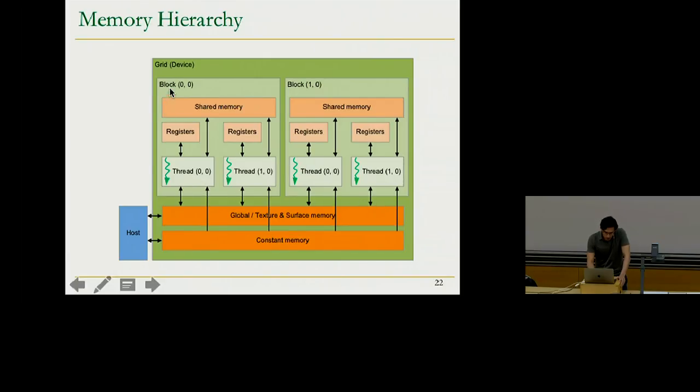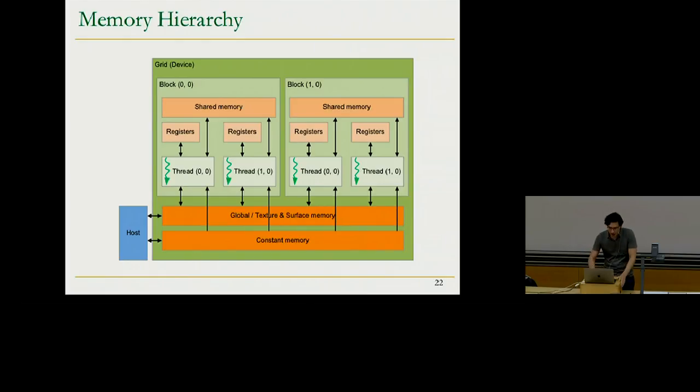But also observe that those threads, like these two, (0, 0) and (1, 0), that belong to the same block, have access to the same shared memory. So in each of the streaming multiprocessors, we have one on-chip memory that is really fast, much faster than the global memory, where the threads running on this core can store intermediate results.